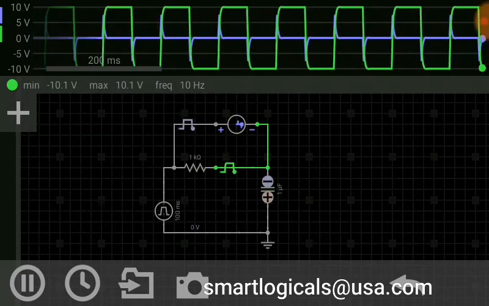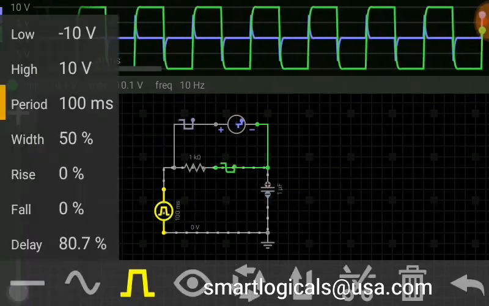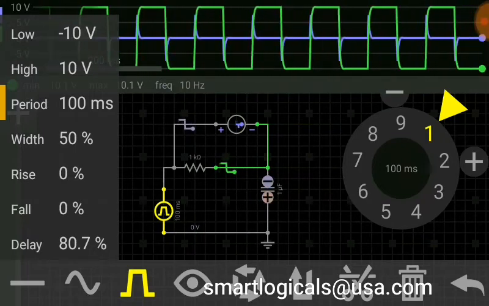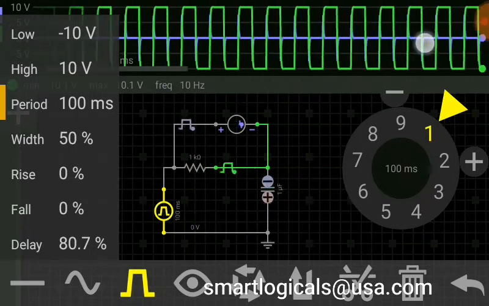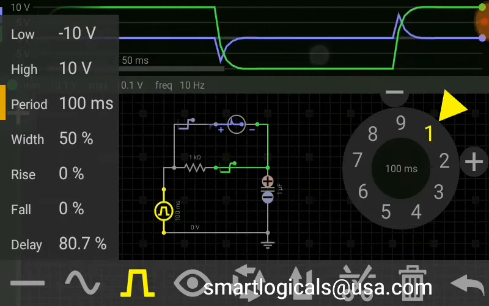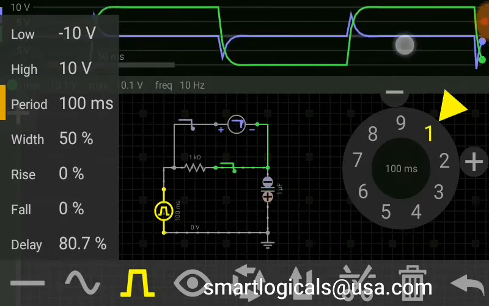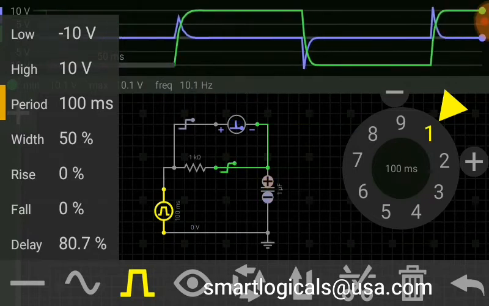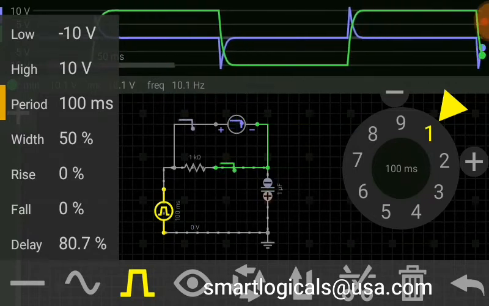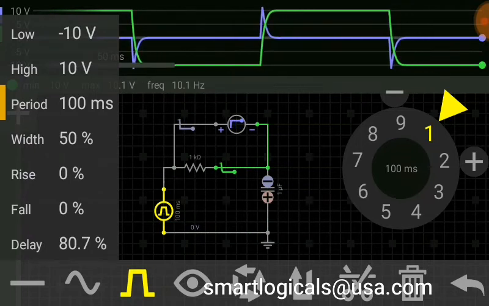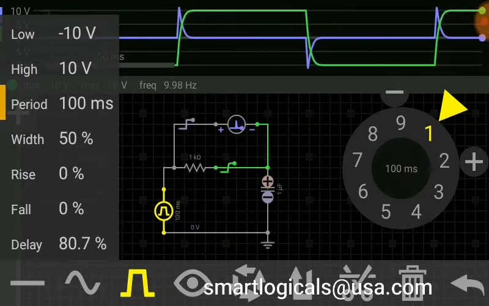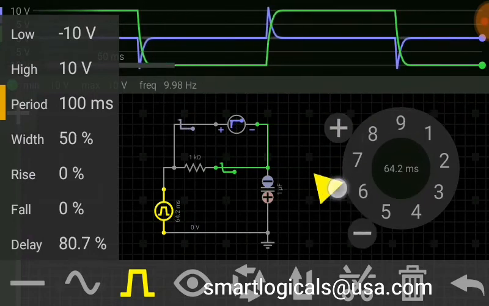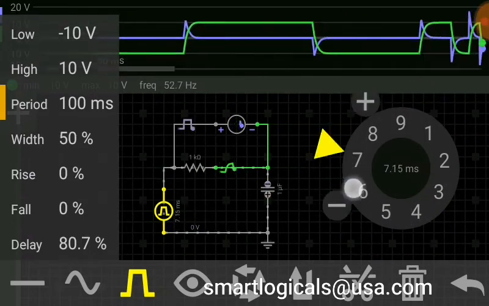Here the green waveform is the output of the integrator and the blue waveform is the output of the differentiator. That means the low pass filter and high pass filter respectively. Now let us equate the time constant and the time period of the applied input wave, that is 1 millisecond.